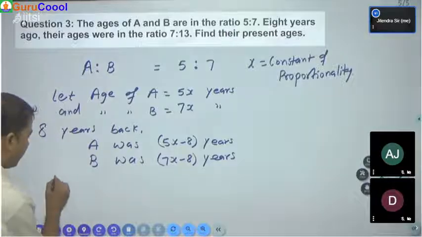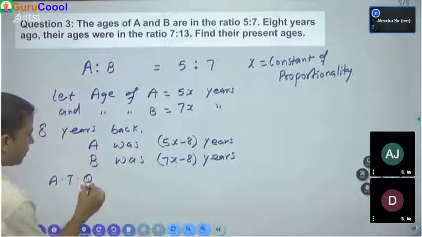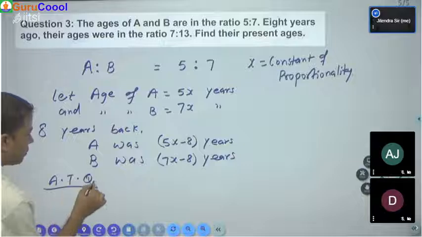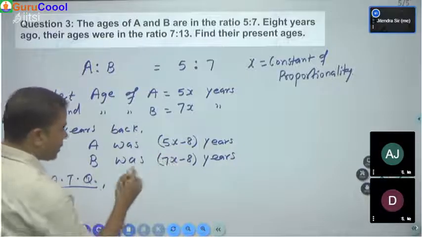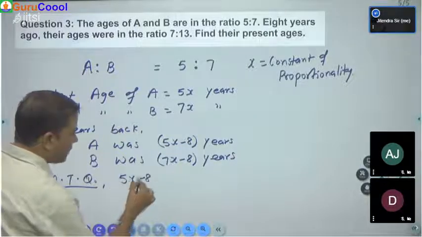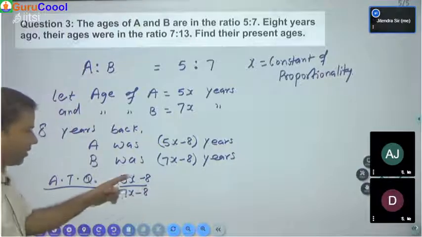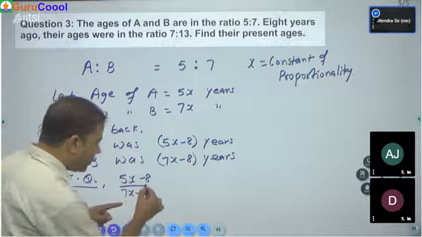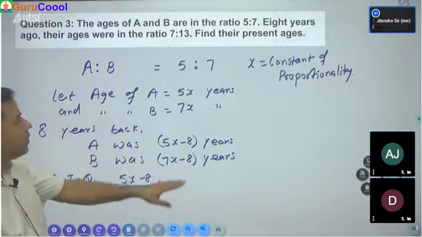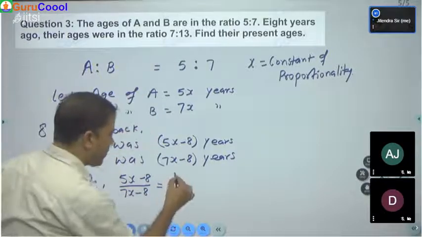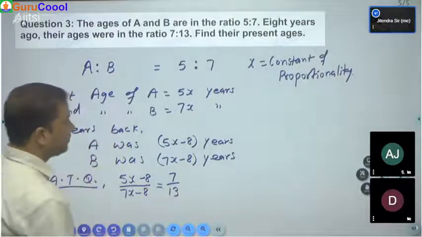So according to the question, ATQ, 5x minus 8 upon 7x minus 8 must be equal to 7 by 13. Does this make sense to both of you? Yes, sir.